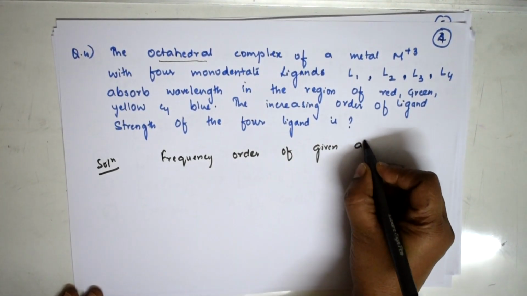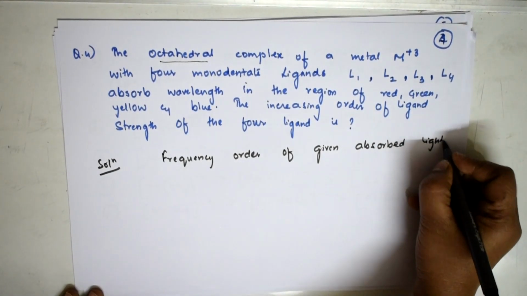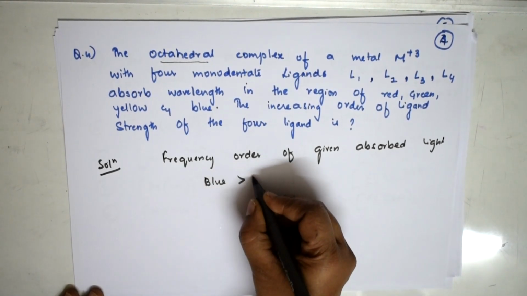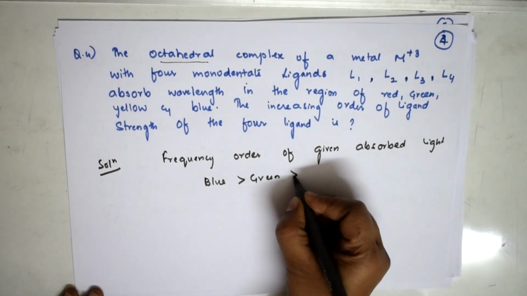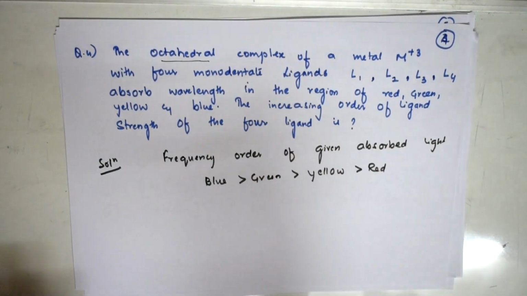The first one is blue. Blue is greater than green, green is greater than yellow, yellow is greater than red. This is the order. Correct?